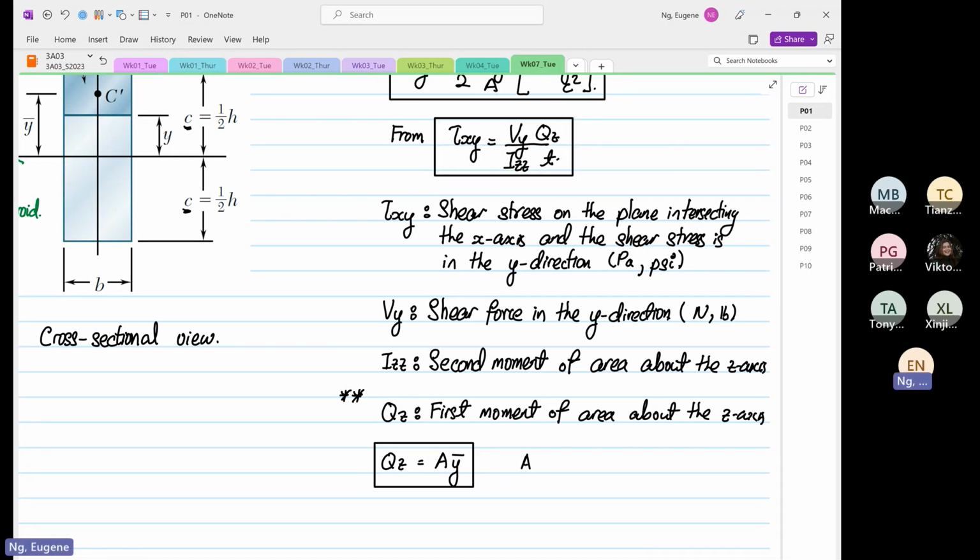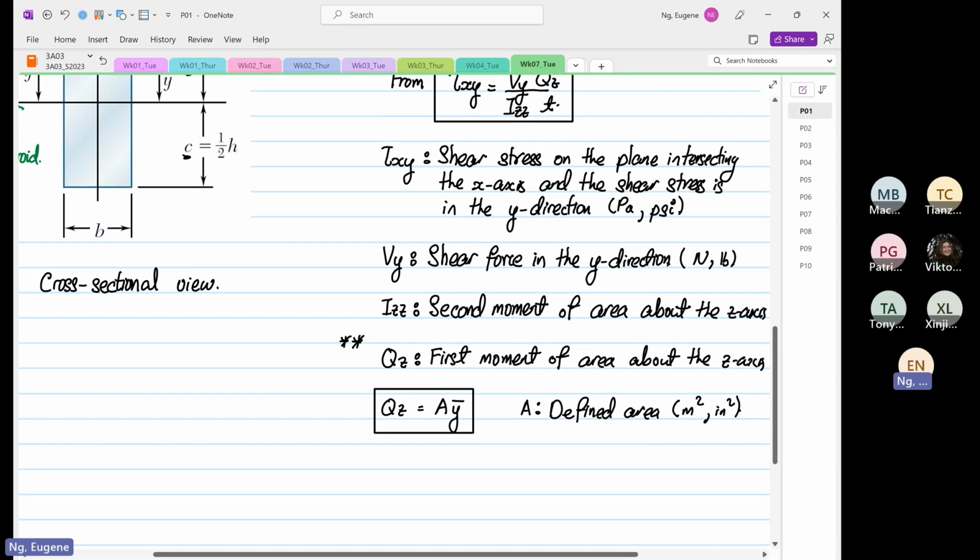Where A is the defined area, which can be meters squared or inches squared.